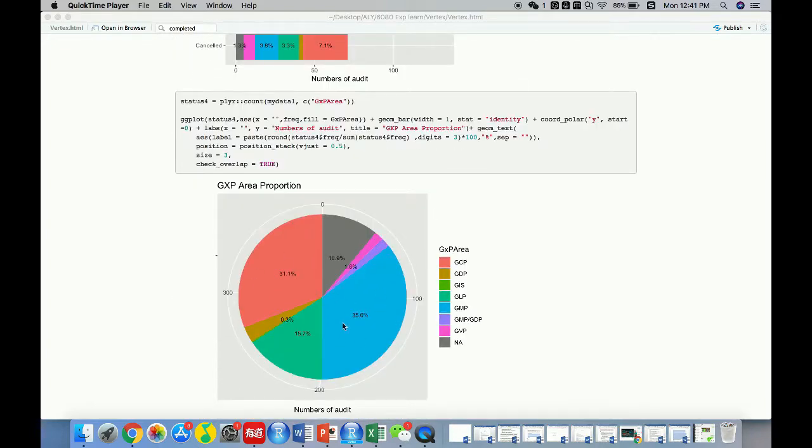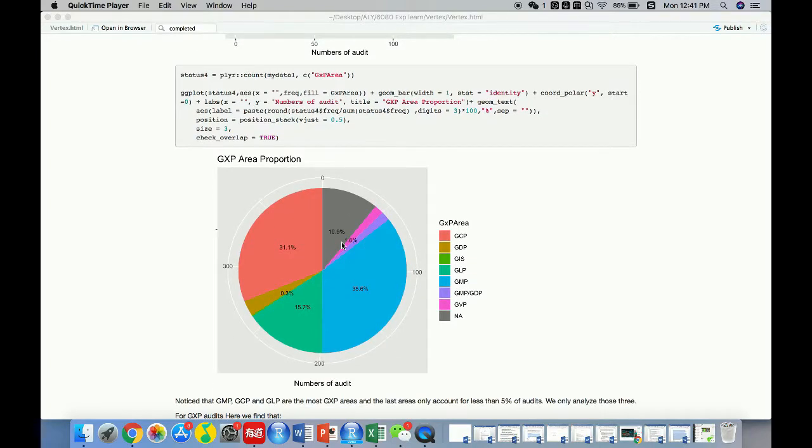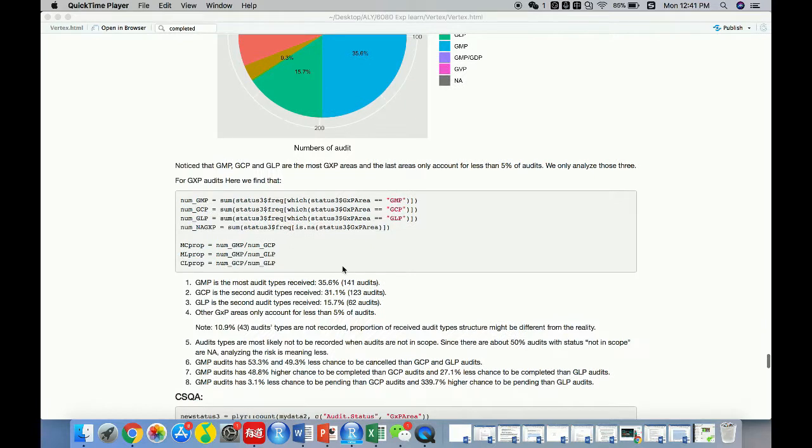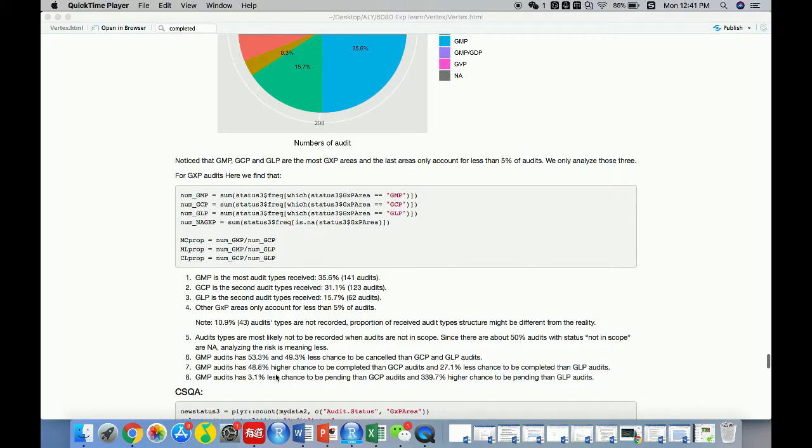This graph makes it clearer to see the proportion of the GXP area audits. The result shows that GMP audits have much less chance to be cancelled than GCP and GLP audits. They also have a higher chance to be completed than GCP, but less chance than GLP audits, which means GLP audits have the most chance to be completed.